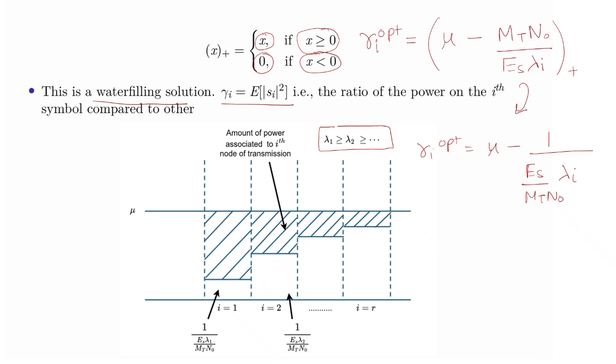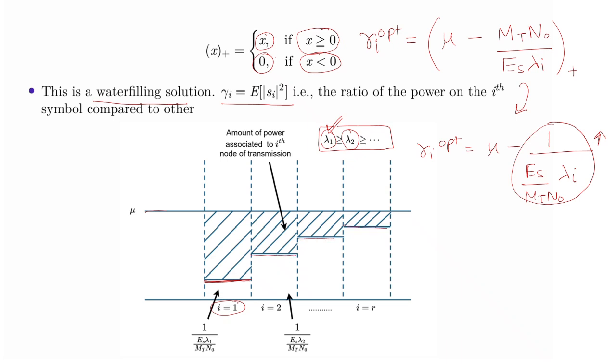If lambda 1 is higher, this value will be smaller, and so we have a lower level corresponding to the first mode, and this mu is the constant line. As you decrease the value of lambda, let's say lambda 2, this value will increase and the level will change to somewhere here, and so on.